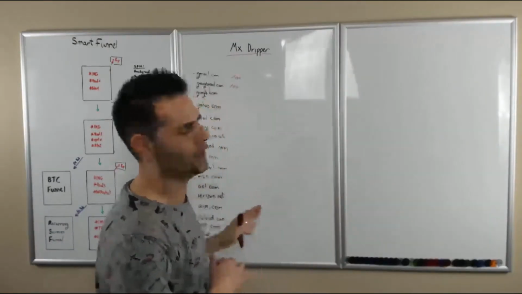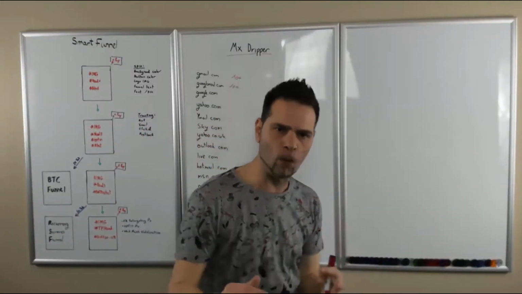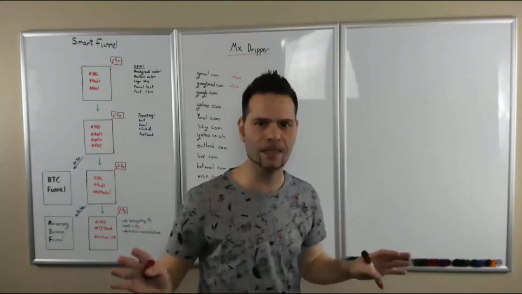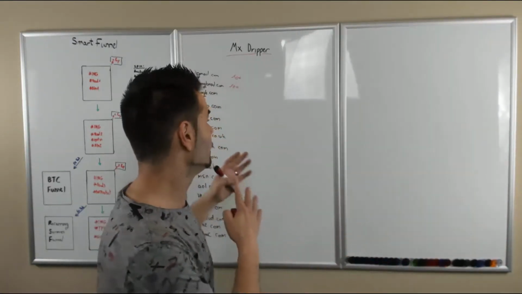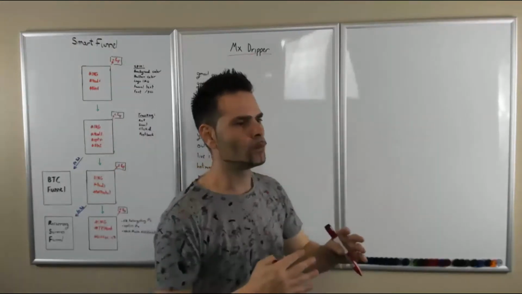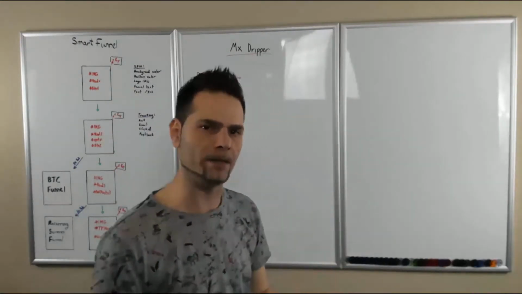I'm now explaining what people are doing. I still didn't explain what MX Dripper is doing, okay? This is just to explain to you how powerful the MX Dripper is.